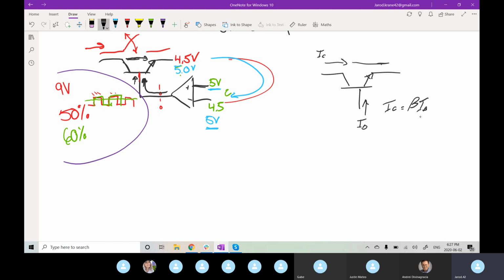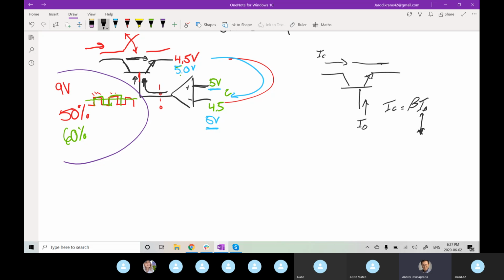So the op amp is able to send varying levels of base current to modify the current that actually flows across the transistor. Oh, so it's controlling the current.